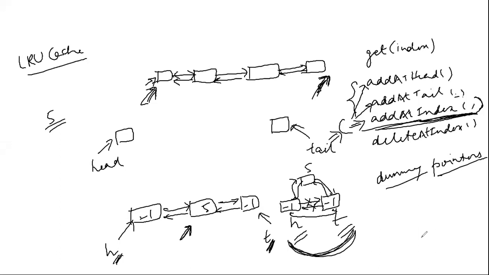So I should also have some count of nodes somewhere. If I know my count of nodes is 1, and somebody is asking me to add something at 5, then I can say it's not possible. Either we return some error, or we return false or something. I don't know how they are asking me to return, or do nothing basically. Actually, in this case, it's void, so you do nothing.